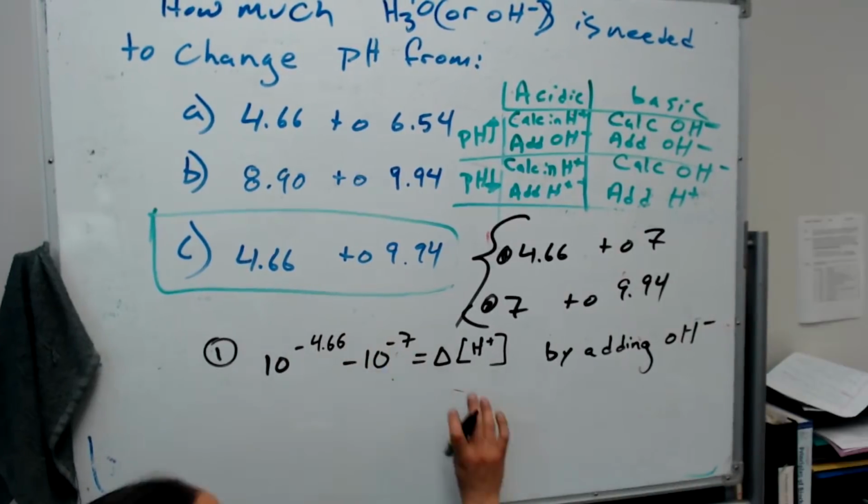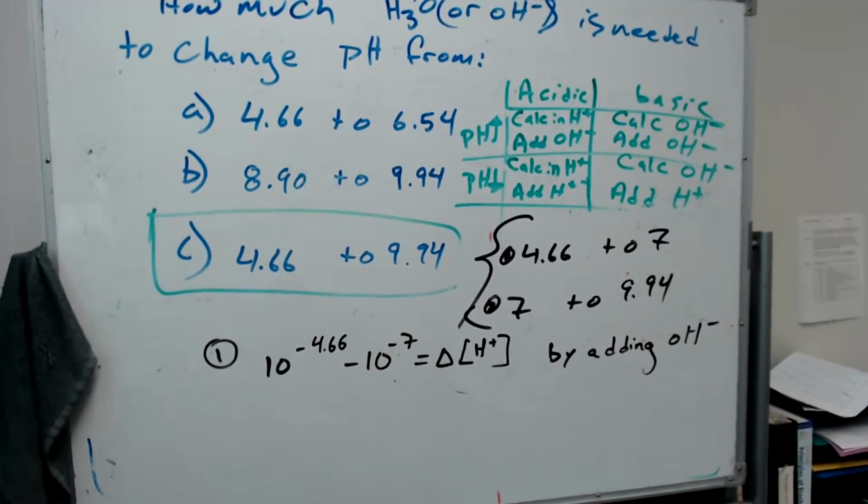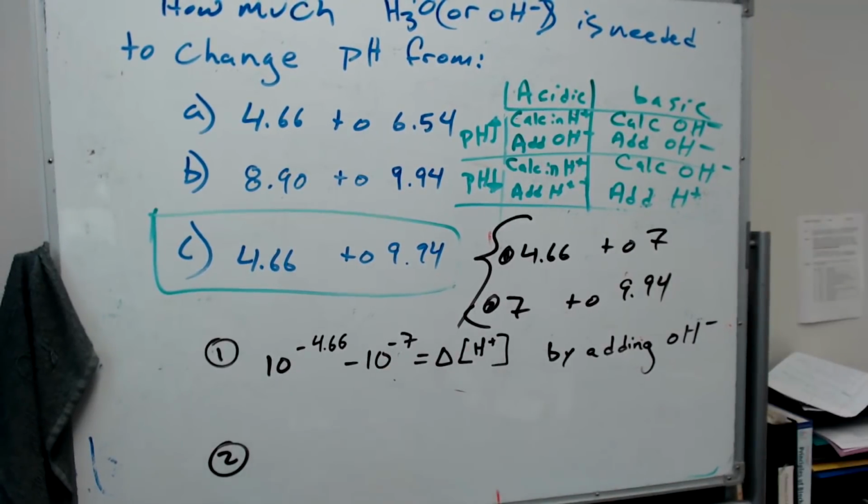Now, that's going to be my change in H plus, and we can think about this as removing H plus. I'm going to remove that H plus by adding OH minus. Then we can get a numerical value for that. We're almost out of time, so then we can think about the next one.